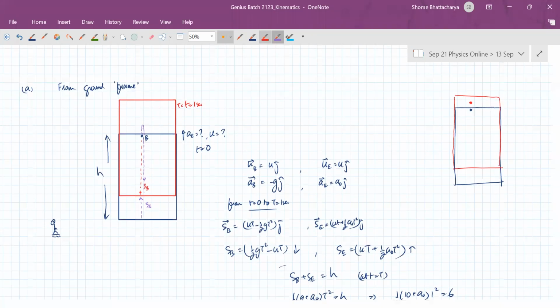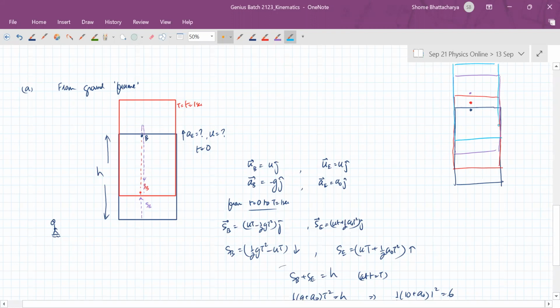Next moment, the elevator is somewhere here, the bolt is, let's say, somewhere here. Then eventually we see the bolt starting to fall. Now the bolt is somewhere here. This kind of series of events happens.